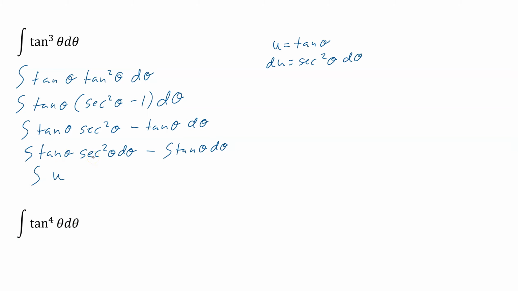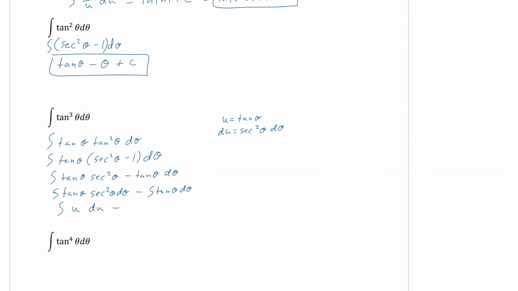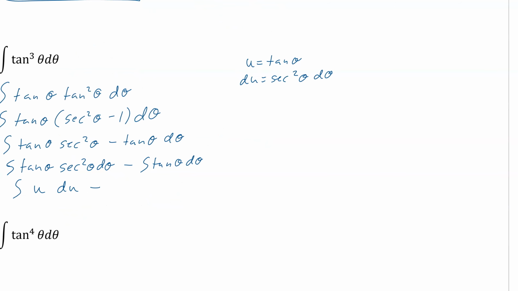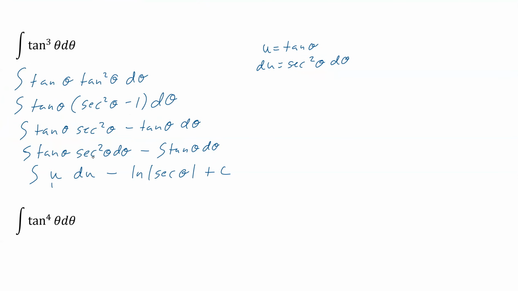So this becomes u du minus, and I'm just going to go for that one right there because we already know it. It's natural log of secant, so ln secant theta plus c. And then this is just 1/2 u squared.